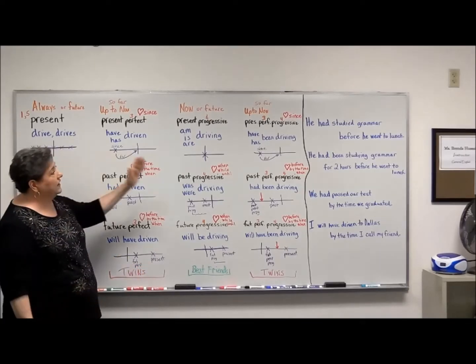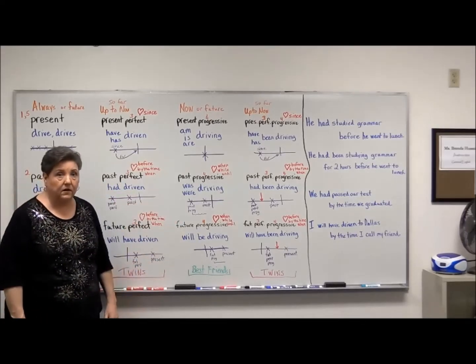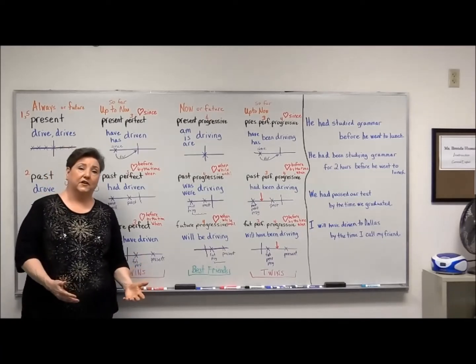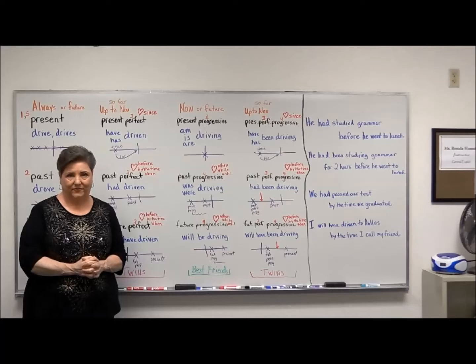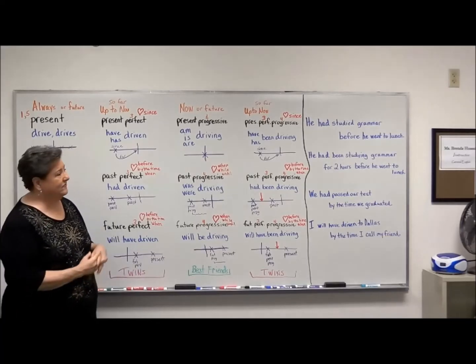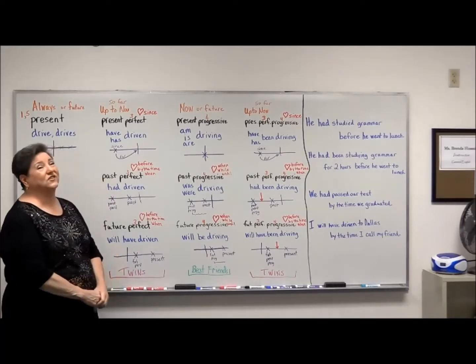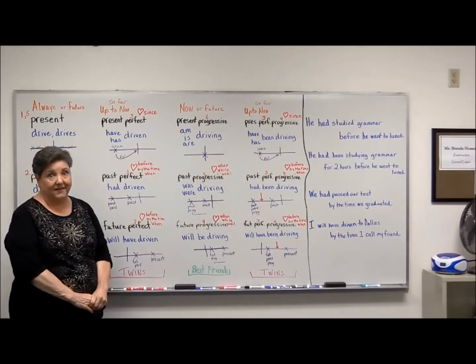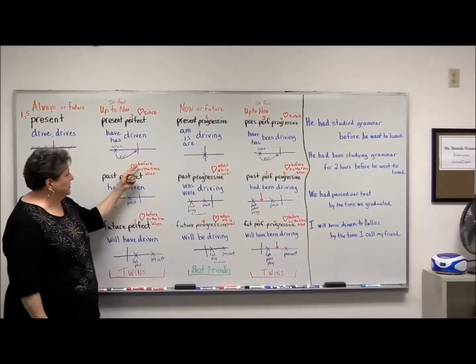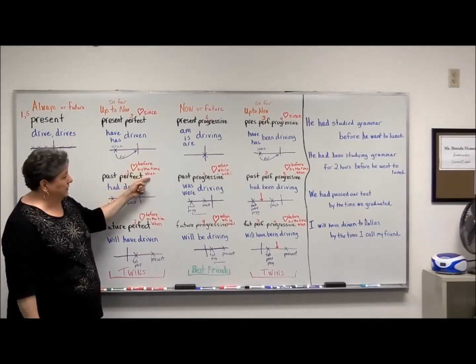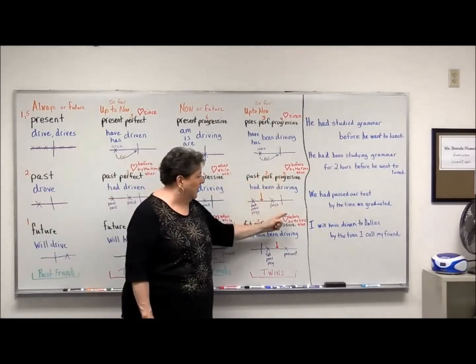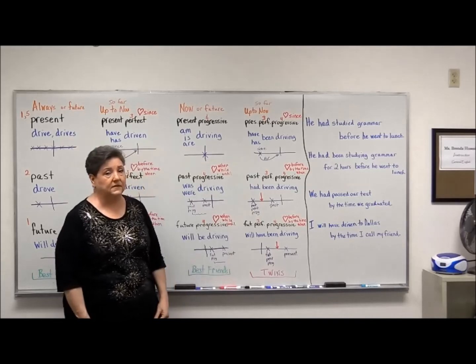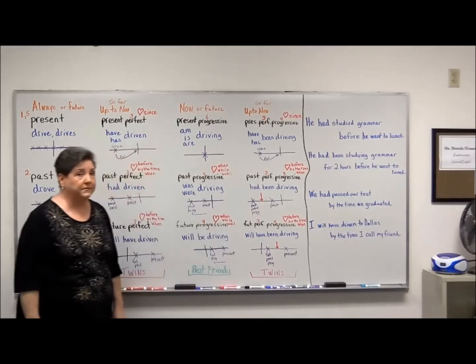Now, with all of the other 8 tenses, you can use a second action and a time word or not. It's not required. But I would say, with these 2 sets of twins, you really need a second action. And don't forget our time words: before, by the time, and when. It's the same on all 4 of these tenses, these 2 sets of twins.